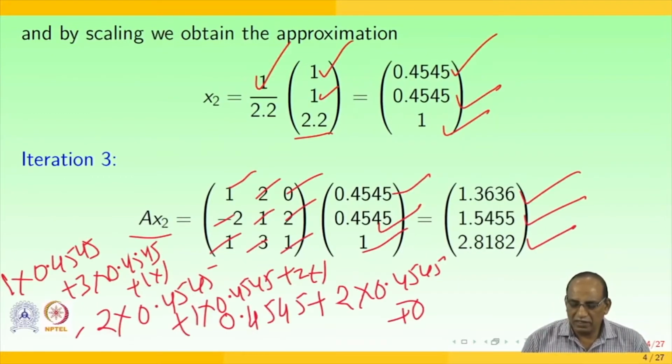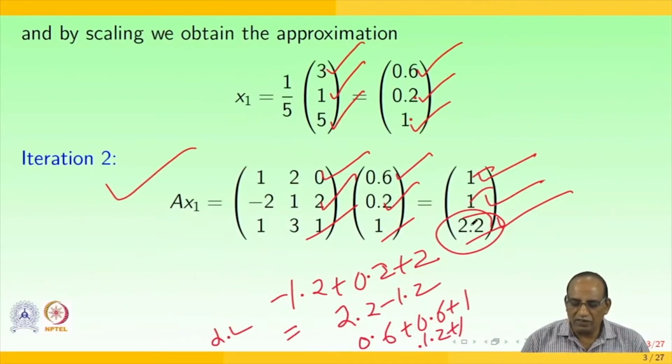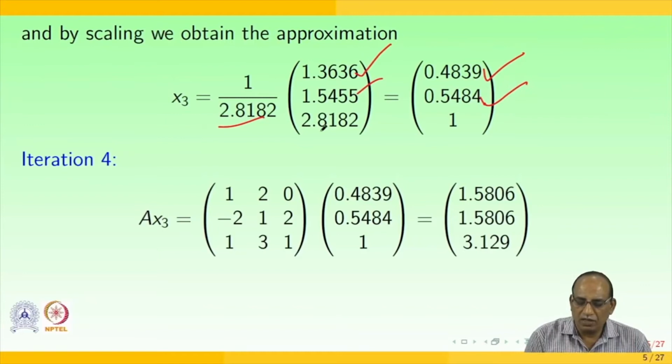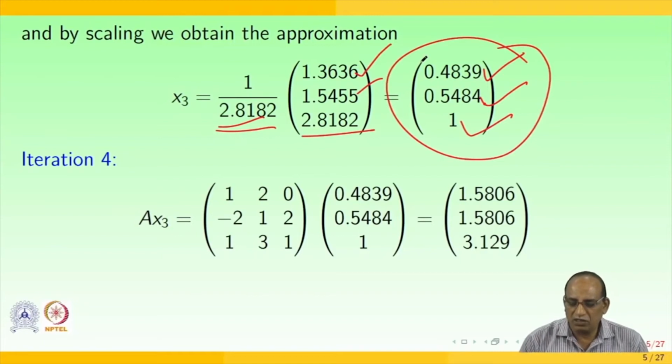By scaling, 2.8182 is the bigger value, so you divide with that. 1.3636 divided by 2.8182 gives 0.4839. If nothing is told, we assume that 4 significant digits is enough. Then 1.5454 divided by 2.8182 is 0.5484, and 2.8182 divided by 2.8182 is 1. So this is the vector you get.